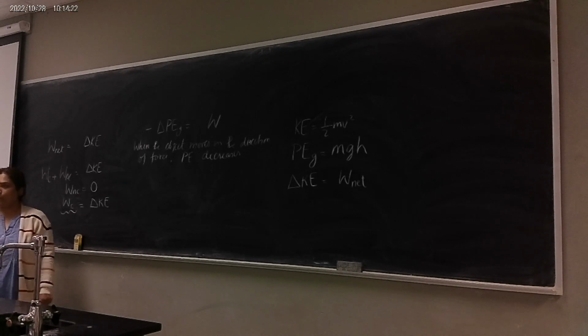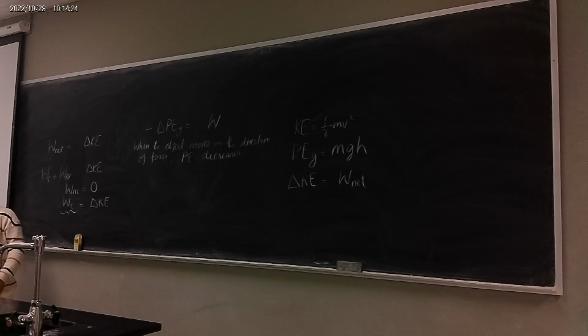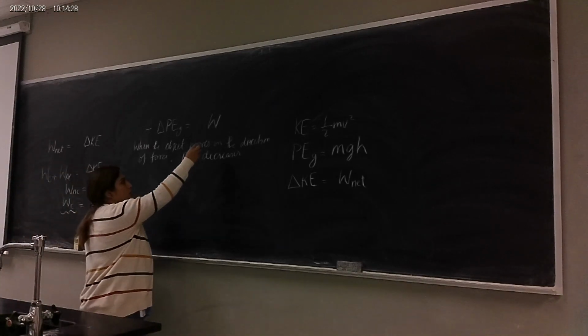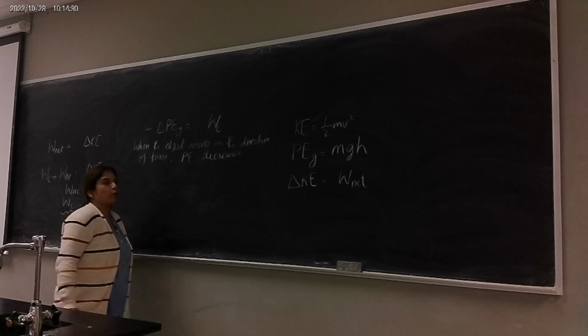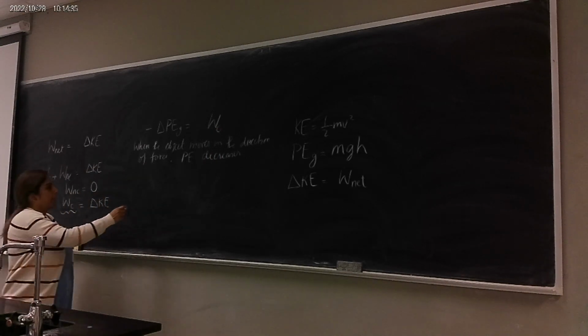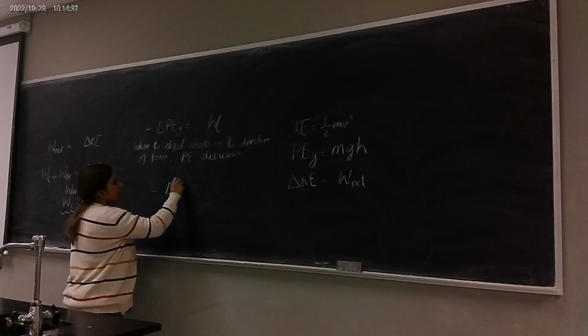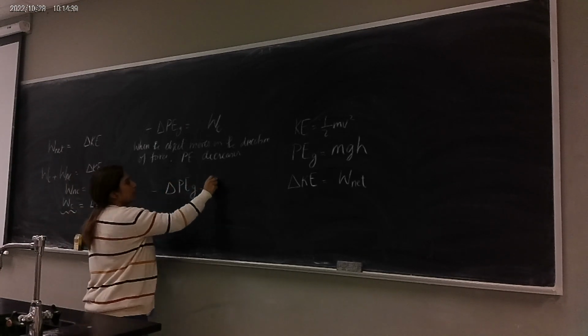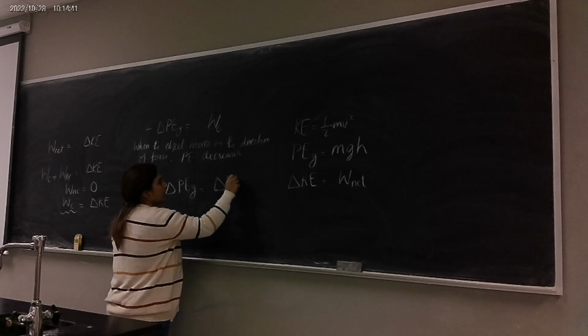Good so far? Now, you just said that gravity is a conservative force. So if this is my force acting on it, and I replace that here, minus delta PEG is equal to delta KE.